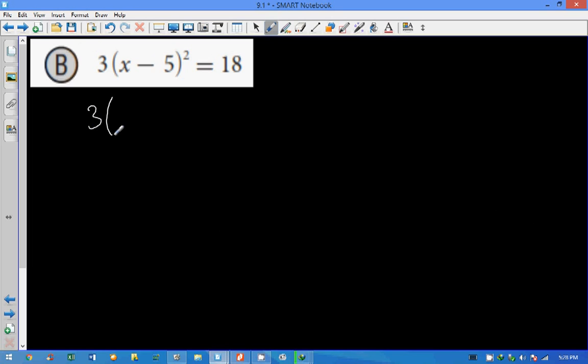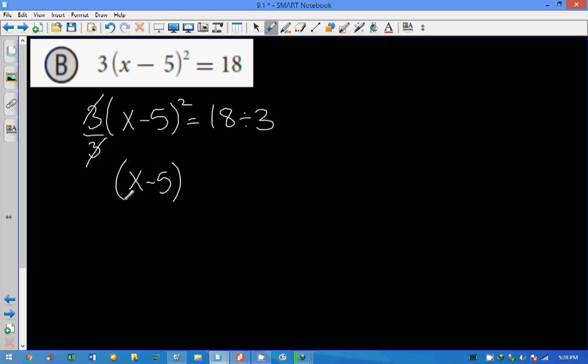3 times parentheses x minus 5 to the power of 2 equals 18. First of all, we have to isolate the parentheses, so divide by 3. 3 and 3 cancel each other out. x minus 5 to the power of 2 is equal to 6. So let's take the square root on both sides.